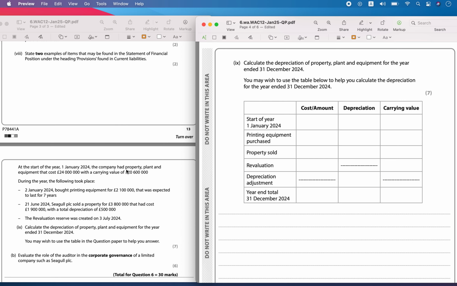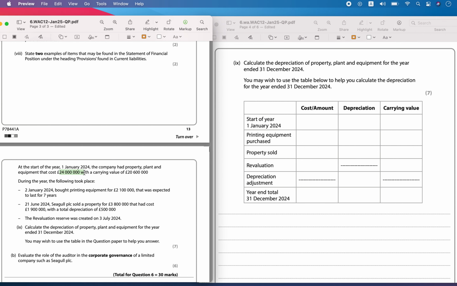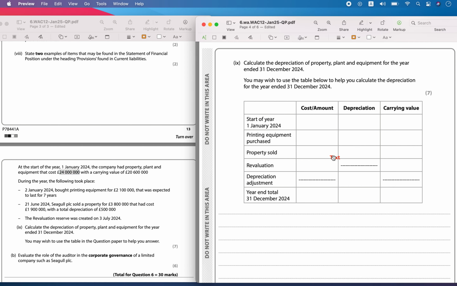At the start of the year, 1st Jan 2024, the company's property, plant and equipment cost was 24 million. So 24 million was the start, at the beginning.